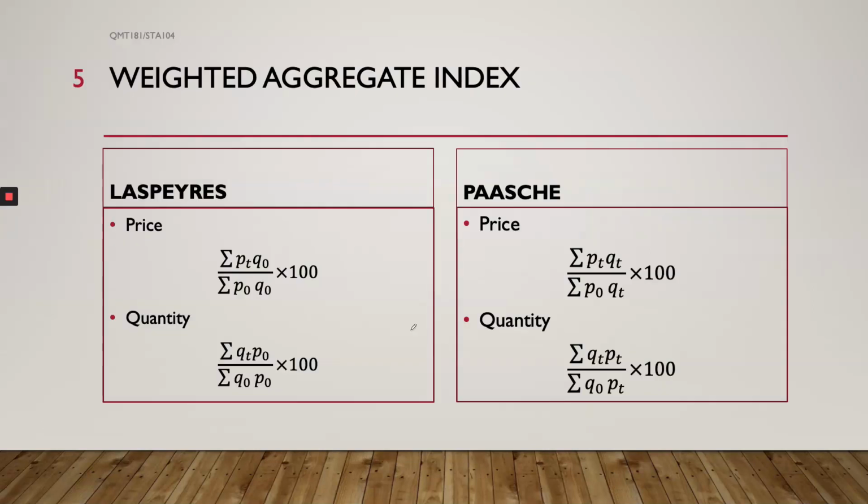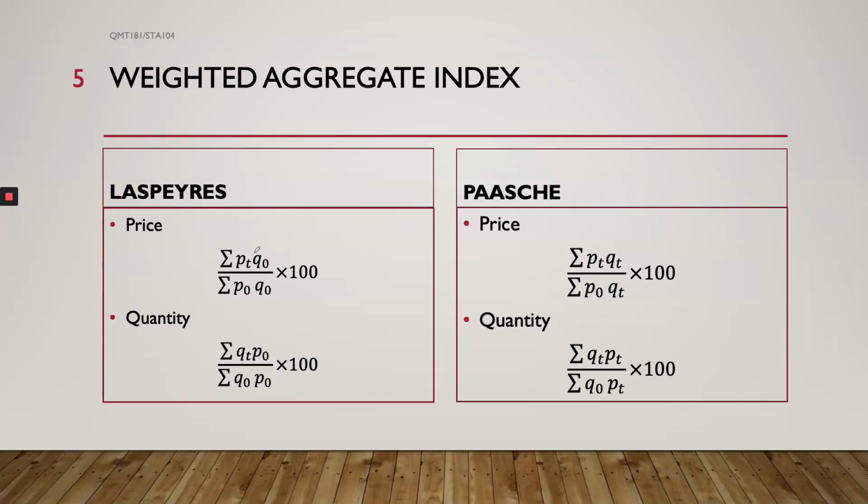Okay, now we move on to the other two types of weightage aggregate index, which are Laspeyres and Paasche. In your final exam, you will only be given these two formulas. You have to take note on how to compute the formula for quantity Laspeyres as well as quantity Paasche. We look first at Laspeyres.